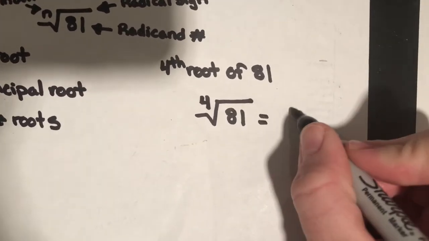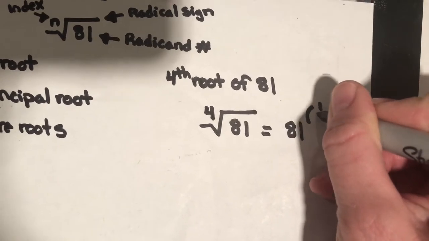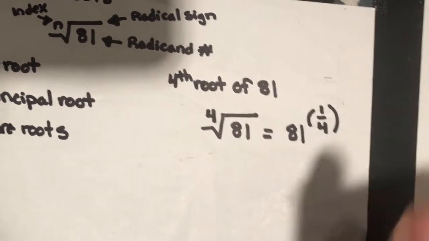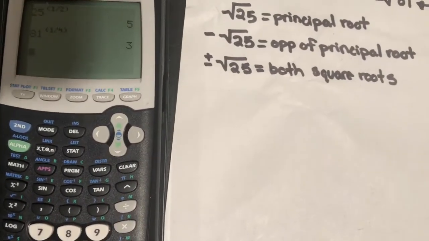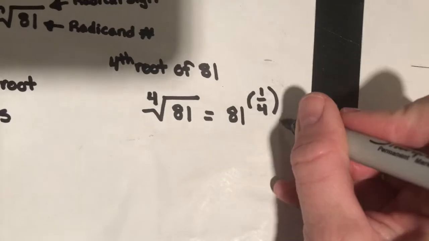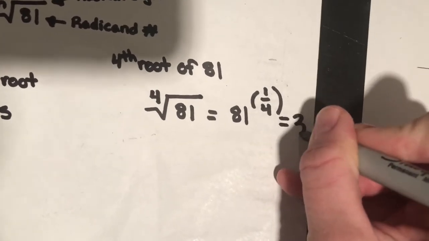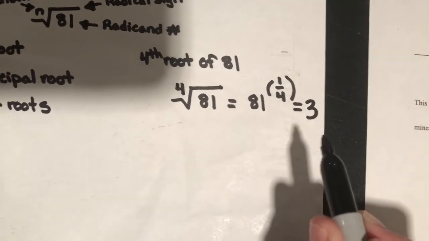This is the same thing as saying 81 to the 1/4 power. Now, if I take 81 to the 1/4 power, I'm going to get 3. So the 4th root of 81, you get 3.